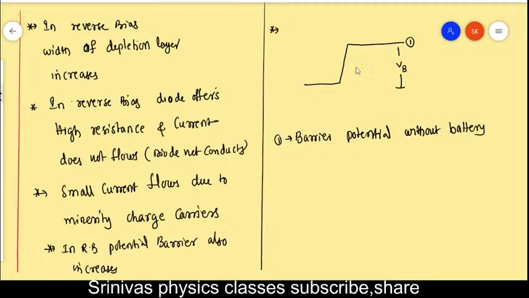Next, if you connect the battery, what happens? The depletion layer is increasing. That's why the potential barrier also increases. It will become 2. 2 is the barrier potential with battery.